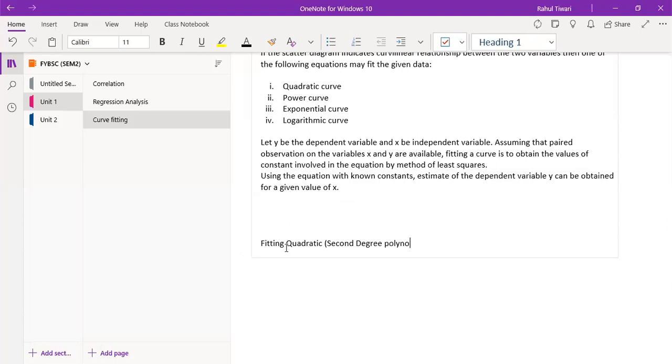That is also a curve, right? Second degree polynomial curve. So what is the procedure? What are the steps? How do we write a second degree polynomial?